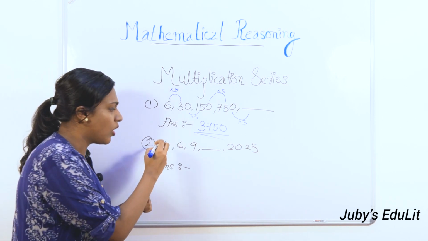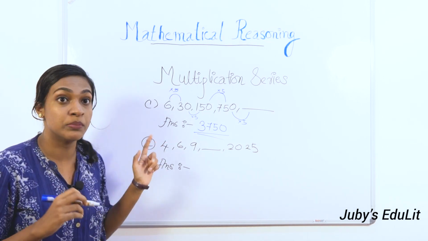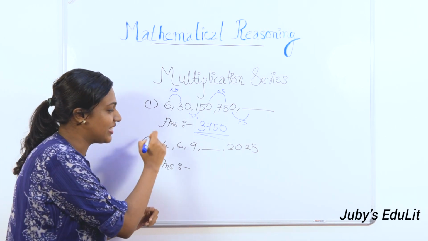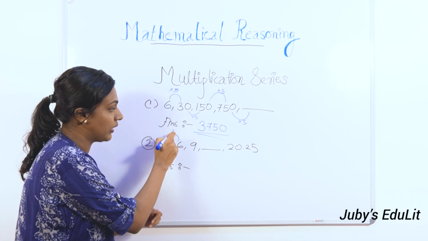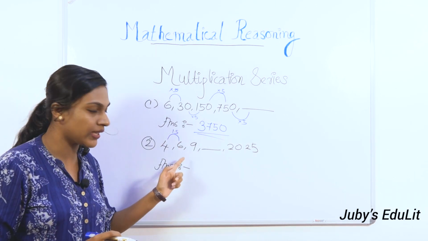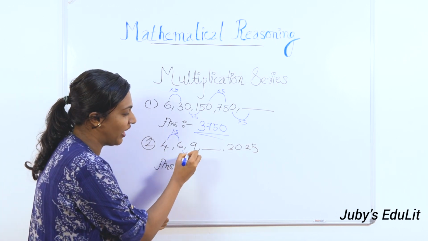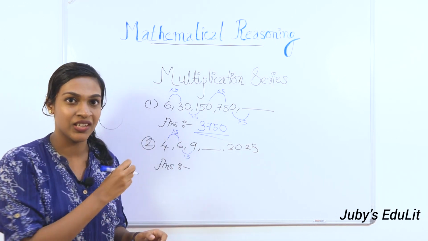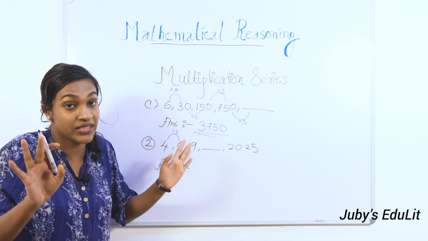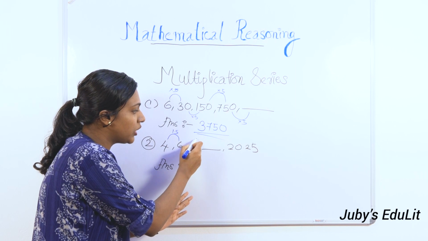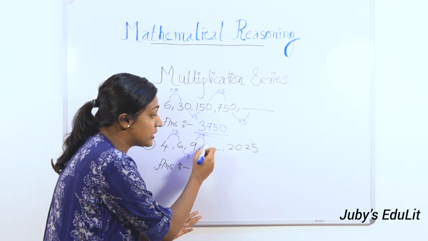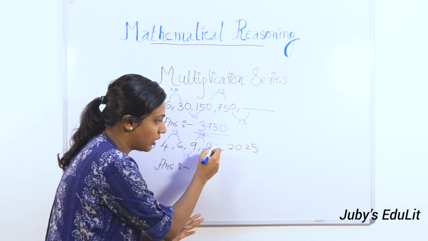Let's analyze. When 4 is multiplied by 1.5, it gives 6. Similarly, when you multiply 6 by 1.5, it gives 9. So the common multiplier here is 1.5. Let's multiply: 9 into 1.5 gives 13.5.